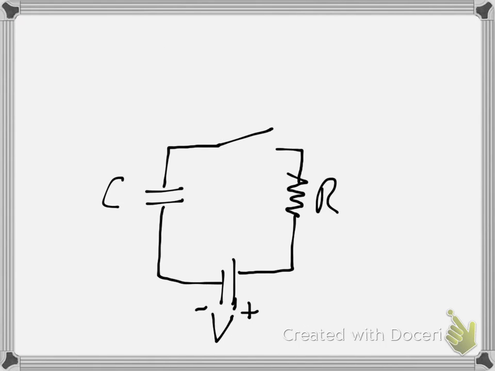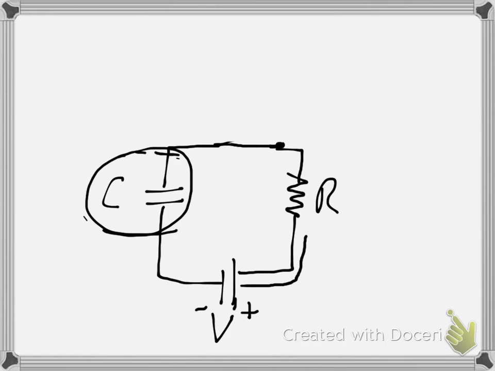After the connection is made and the switch is closed, then we have just a normal circuit, and what's going to happen to C? We're going to have current coming out of the battery this way and depositing charge on this plate of the capacitor. That will drive the opposite charge off this way and complete the circuit, and current will flow.